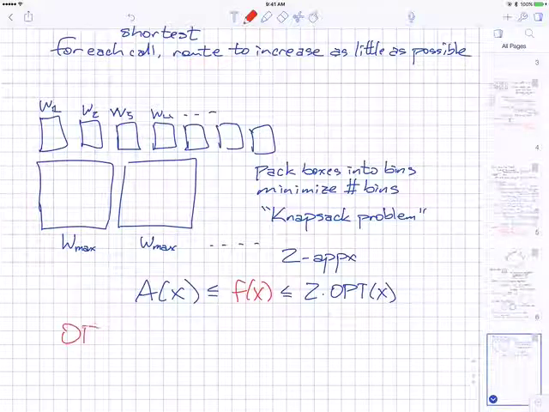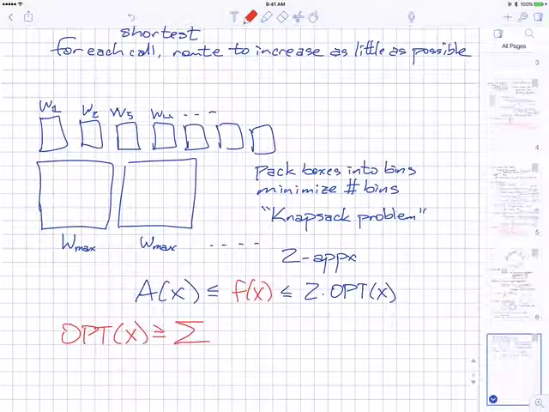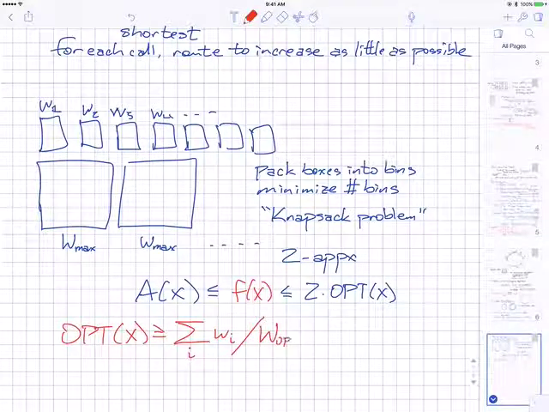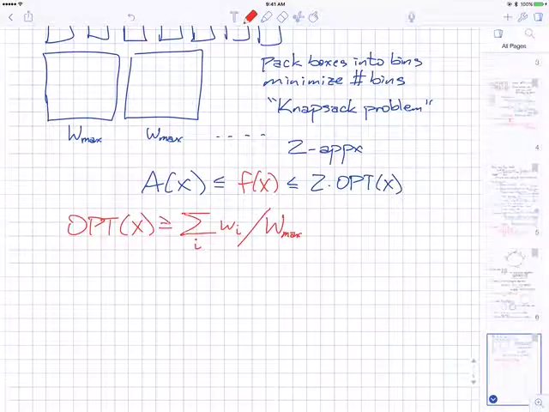Right, so I know that opt is going to be bigger than the sum over all items of the weight of that item over the capacity of the bins. Right, this is just, the objects are not actually boxes, they're amounts of water, and I pour them into the bins, possibly splitting them across multiple bins. Okay? All right, this is in fact what I need.